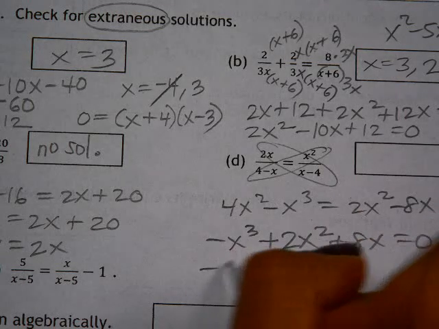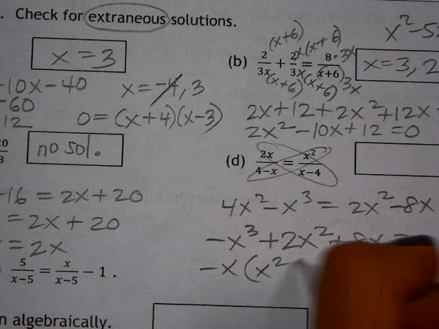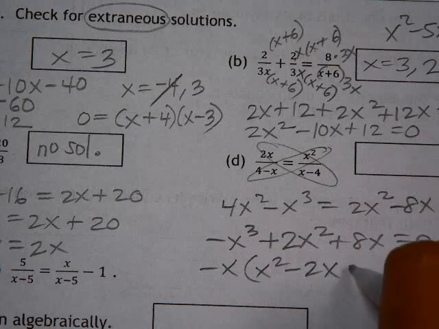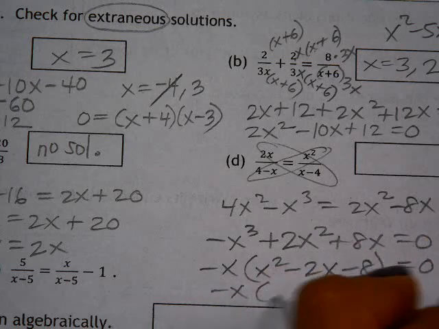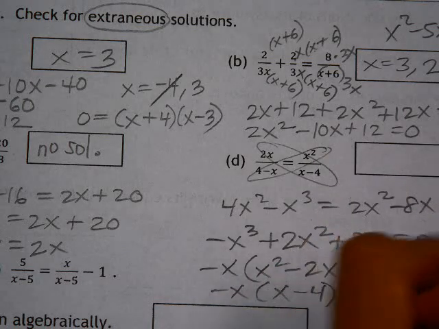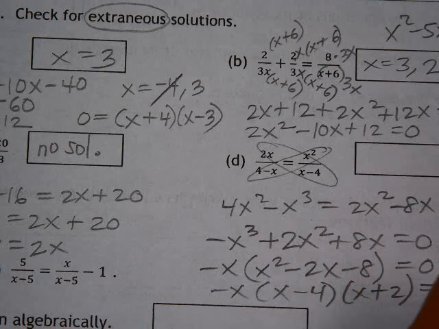Then we can factor out a negative x and be left with x squared minus 2x minus 8. So negative x times x minus 4 times x plus 2 equals 0.